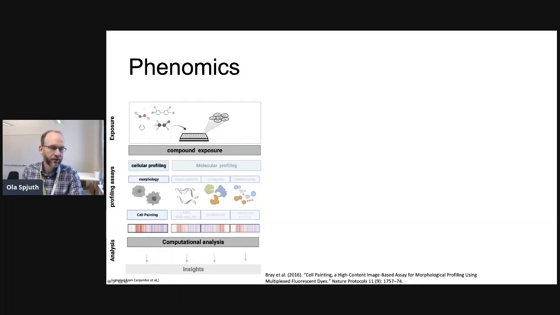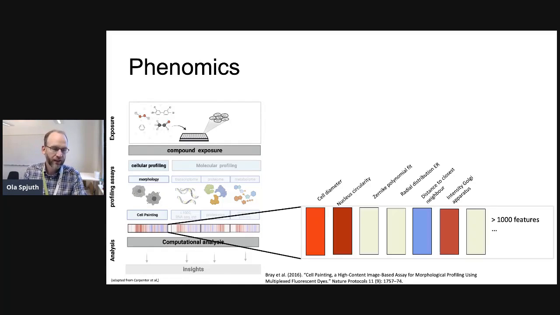Similar to transcriptomics, creating profiles of, for example, differentially expressed genes, we can look at differentially expressed morphology. These morphological profiles can be quantified with over 1,000 features, looking at different types of properties of the cell's morphology that change, for example, due to a treatment with a drug.